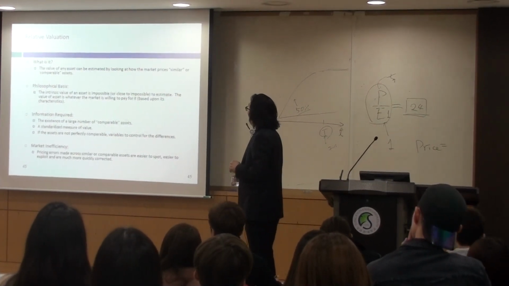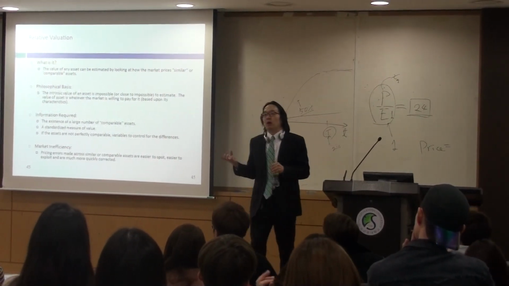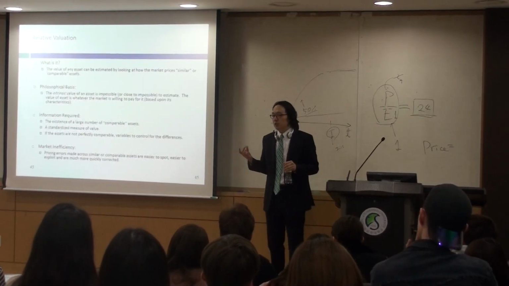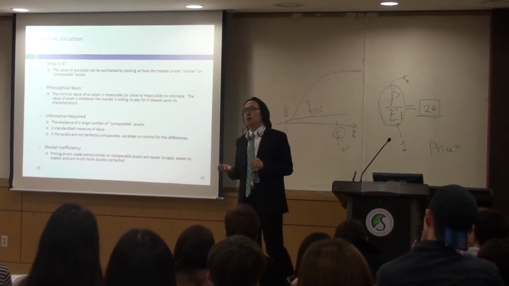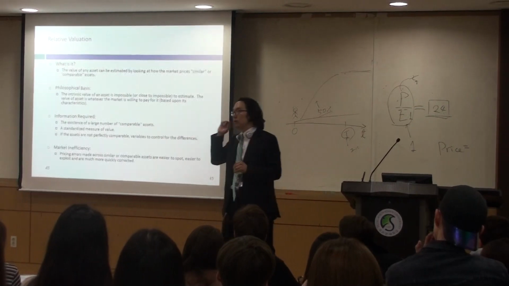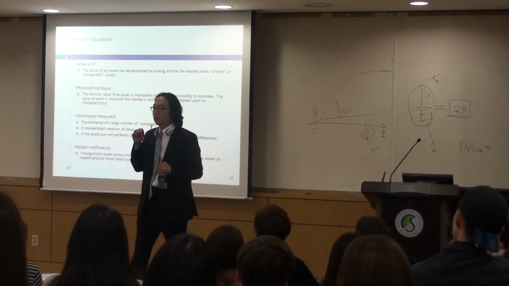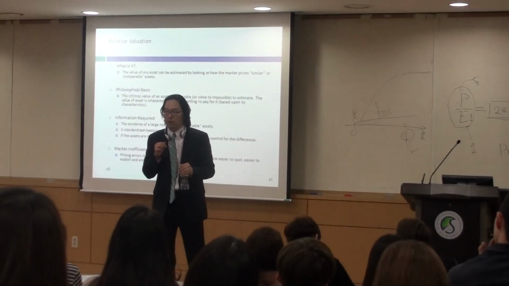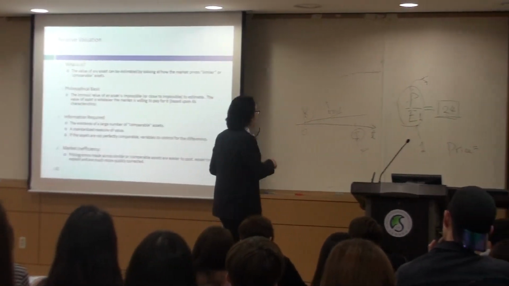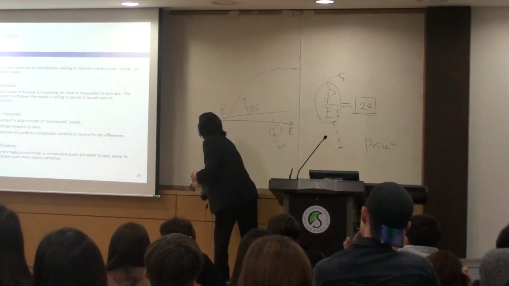So it's assuming the market on average is efficient. In contrast, with DCF, you are assuming the market is inefficient. Here, on average, you're assuming that the market is efficient.